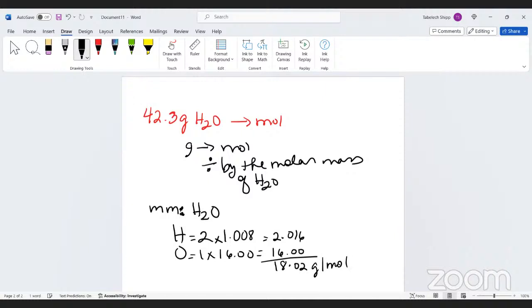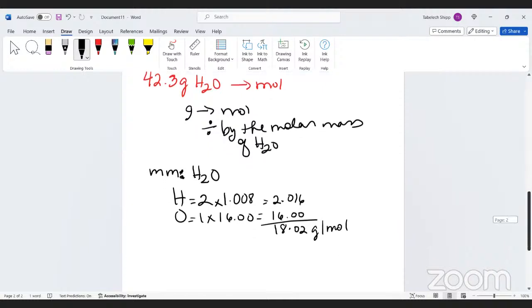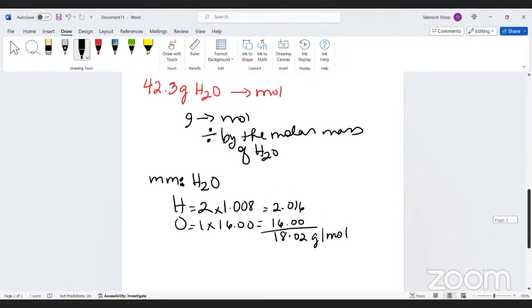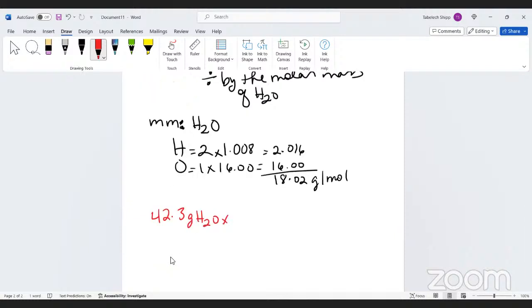Yep, I sure am. So right here, you've got your molar mass of water. Now all you've got to do is take 42.3 grams of water times... Remember, because we're saying times, we're just setting it up where we're canceling out our like terms.